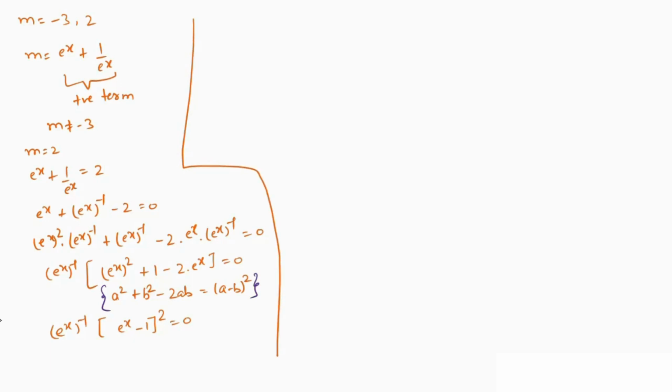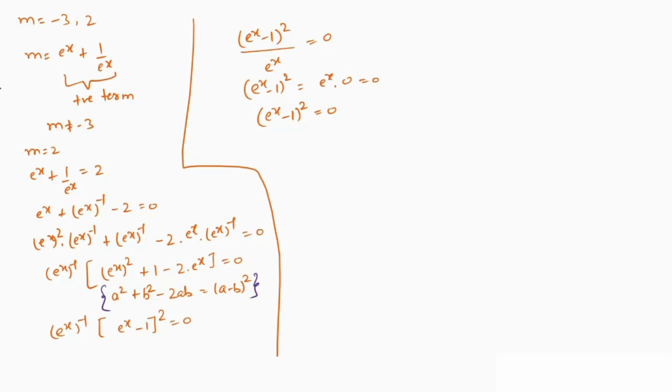We can write this as (e raised to the power x minus 1) whole raised to the power 2 divided by e raised to the power x equals 0. And when we cross multiply, we get (e raised to the power x minus 1) whole squared equals e raised to the power x times 0, which is 0. So we get (e raised to the power x minus 1) whole squared equals 0.